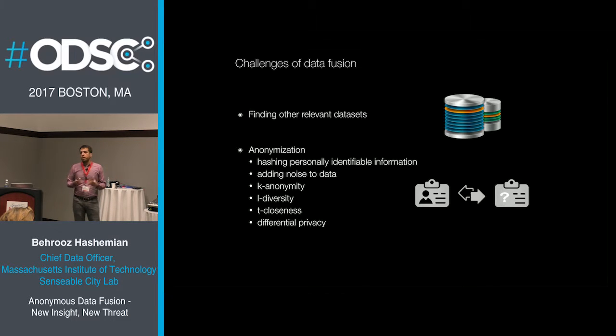But there are simple anonymization techniques like hashing an identifier, replacing it with a random number, or adding noise to the location or time of the events that are happening, to more complex anonymization techniques like k-anonymity that make sure that in each class there are at least k individuals sharing the same thing, to differential privacy.